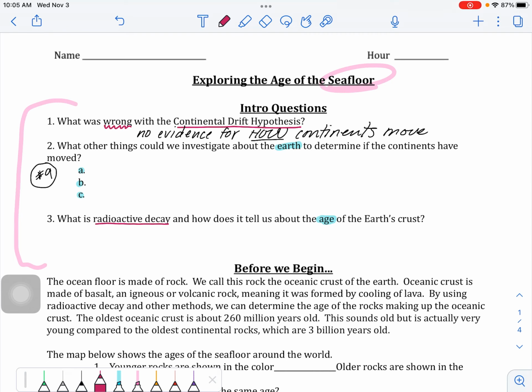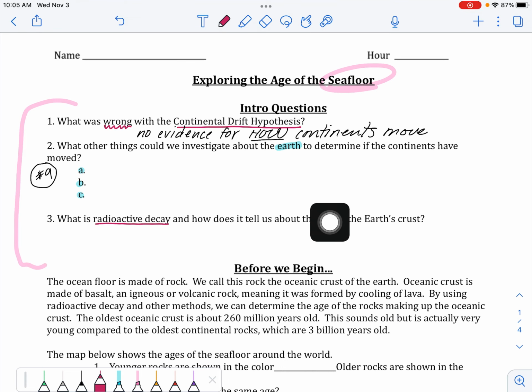What we're doing in radioactive decay is looking at the transformation of these radioisotopes over time from that parent material to daughter material. So when we think about what is radioactive decay, we're determining the age of the rock based on the amount of radioactive to non-radioactive material.